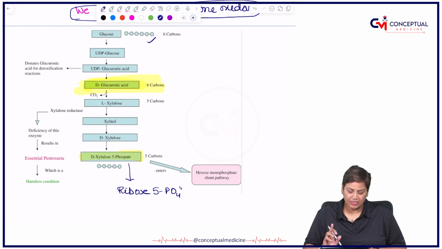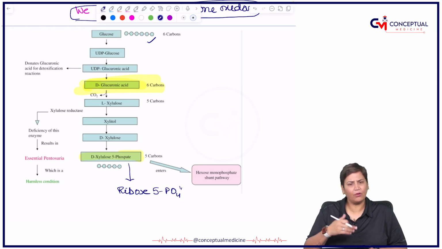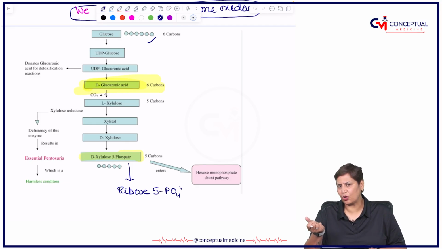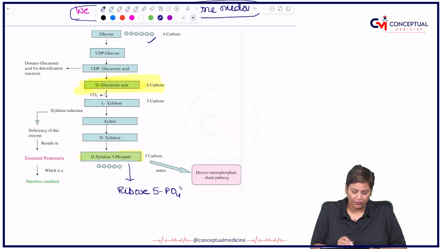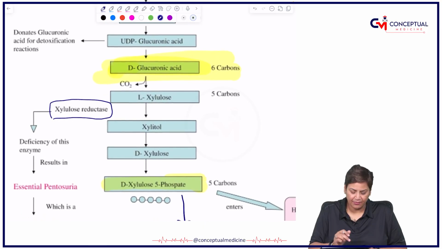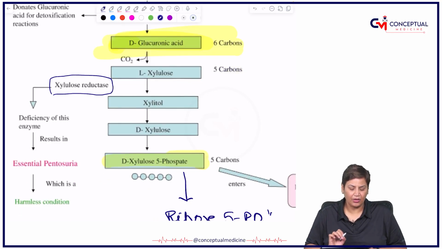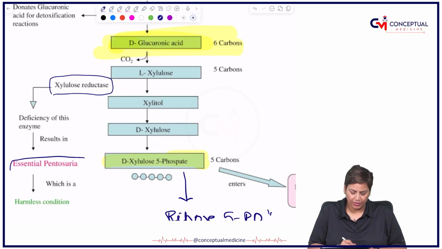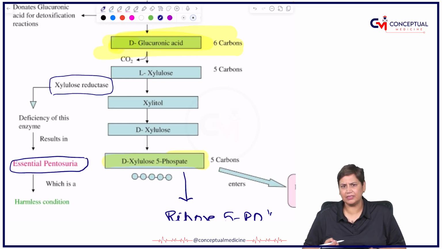Now another important feature in this pathway is that obviously if something is produced, it is merged also. But what is the clinical correlation? The clinical correlation is that if there is absence of xylulose reductase, as you can see that this enzyme is degrading xylitol. So if this enzyme is absent, what will happen? There will be increased concentration of this xylulose, which is a pentose sugar, in urine, and it will lead to essential pentosuria. But yes, it is a harmless condition.